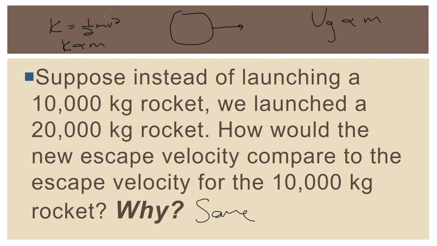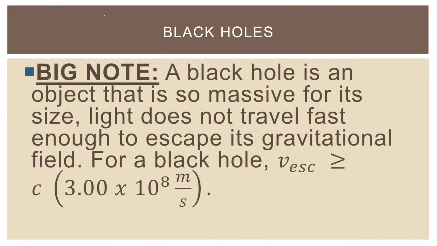Escape velocity is the concept that you need to understand in order to really understand, at least classically, what a black hole is. A black hole, note, is something that is so big and massive for its size. It has so much mass packed into such a tiny amount of space that when you calculate that escape velocity, 2GM over r, the mass is so big and the r is so small that this speed ends up being bigger than the speed of light.